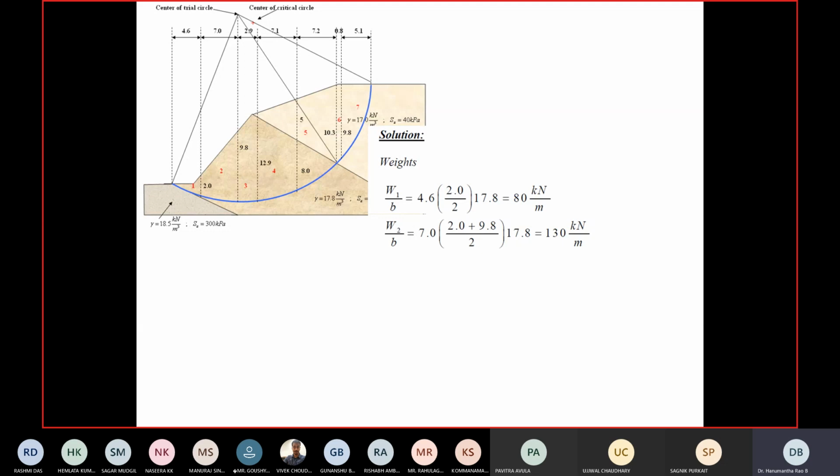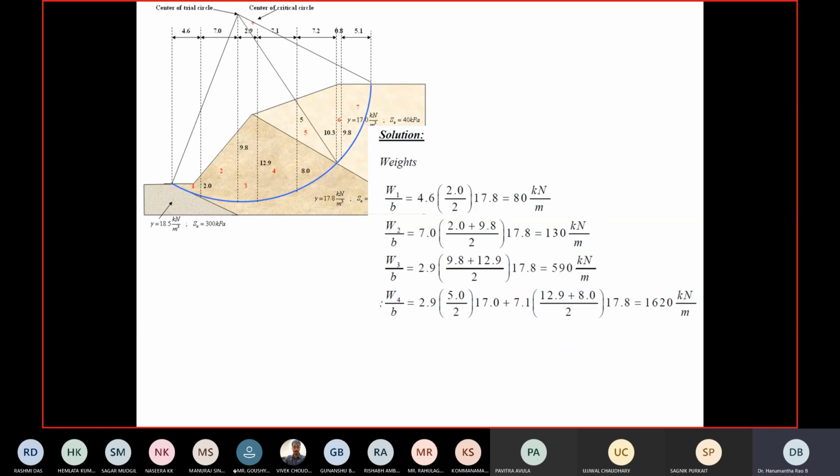For slice 2, this is kind of a rhombus, so you have to take the average of heights on both sides. The width is 7, the height is 2 on one side and 9.8 on the other side. So (2 plus 9.8) by 2 multiplied by 17.8, that is the density.